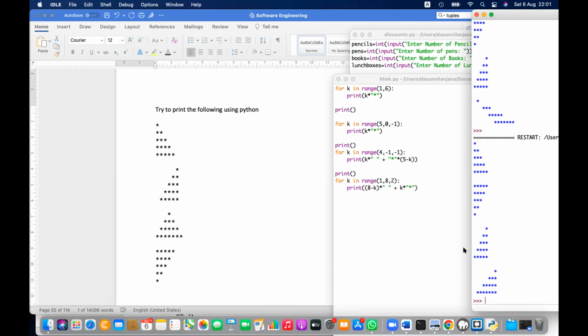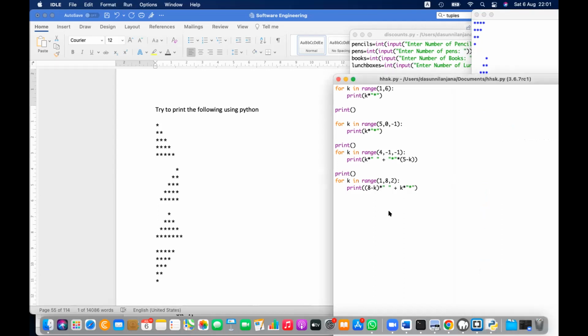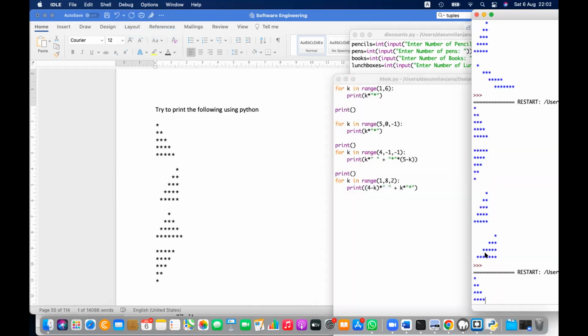Actually, this is too many spaces. Too many spaces. How can you reduce? Shall you divide it by 2? Yes. Or maybe you can try to get 4 minus K. So what will happen? This is half now. 4 minus K means it's half.